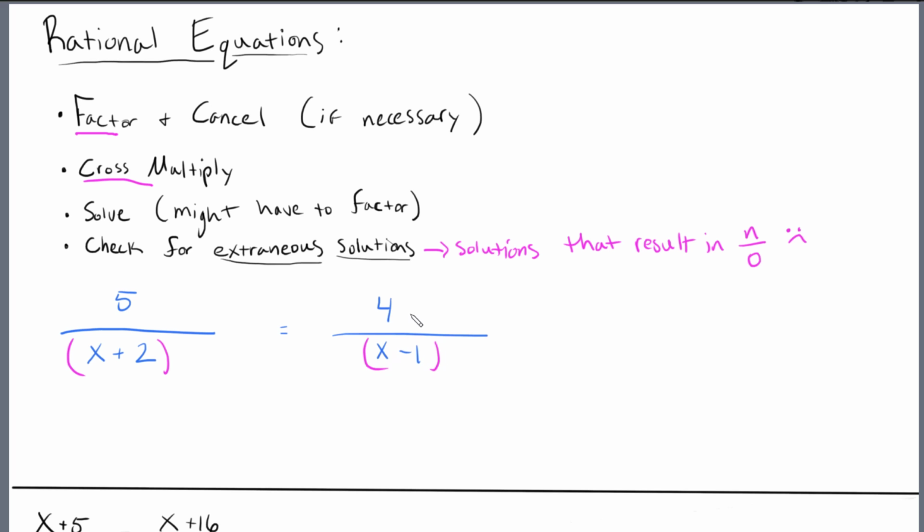Now remember, when you're cross multiplying, we'll draw the arrows to represent the x plus 2 going up on the right, the x minus 1 going up on the left. But really what you're doing is you're multiplying by these denominators on both sides, and they're canceling out on their respective sides.